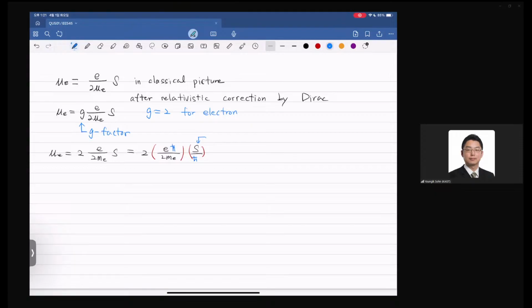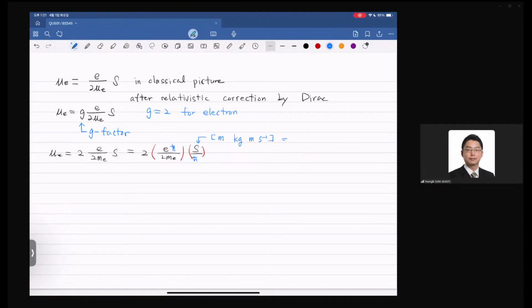The unit of S is angular momentum, right? If you think about it, it's r m v. r is a radius, a length. m is a mass. v is meters per second.